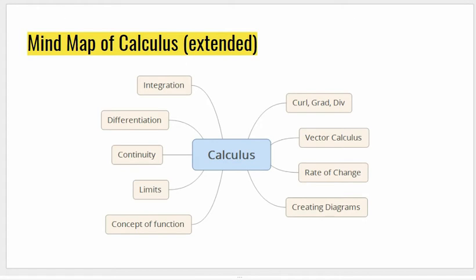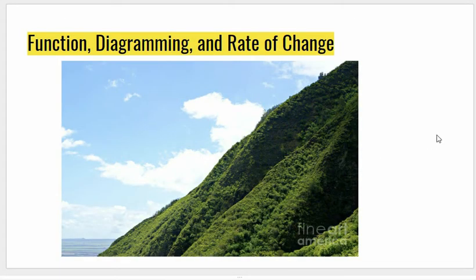So we will look at this example, and it will allow me to give you an example of function, diagramming, and rate of change all in one. What we have here is a hill, and you can walk across and reach the top.